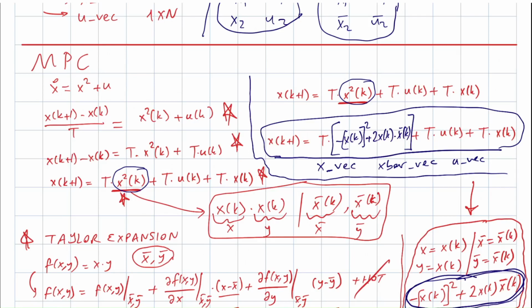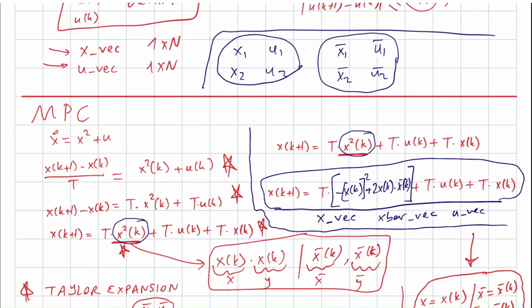For example, I was generalizing when I say whenever you have a nonlinear problem, you have x1, x2, u1, u2, and directly you would have x1 bar, x2 bar, u1 bar, u2 bar.